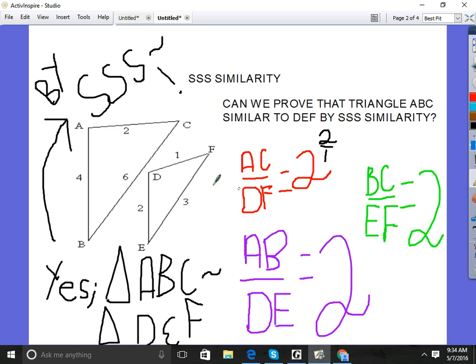So then I said BC over EF, this side over this side. Right? And what's 6 divided by 3? That's 2.